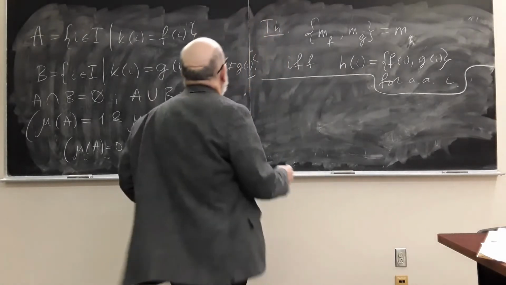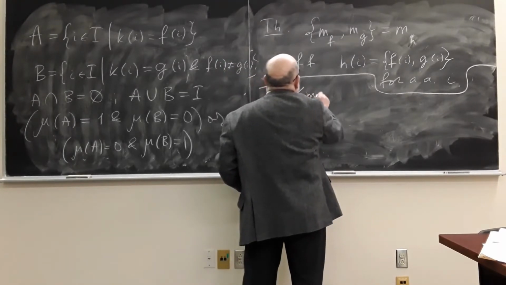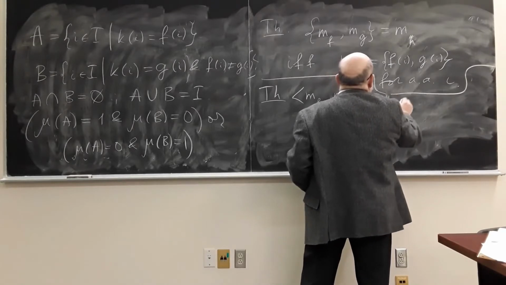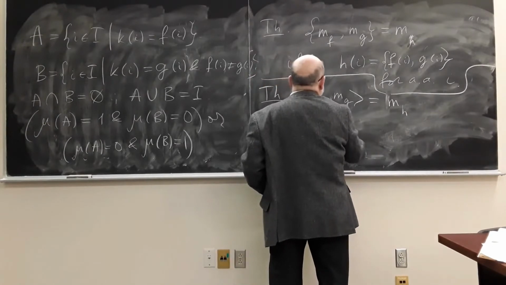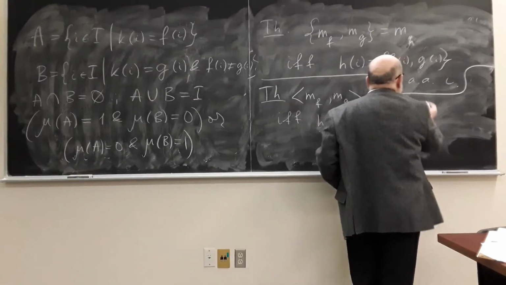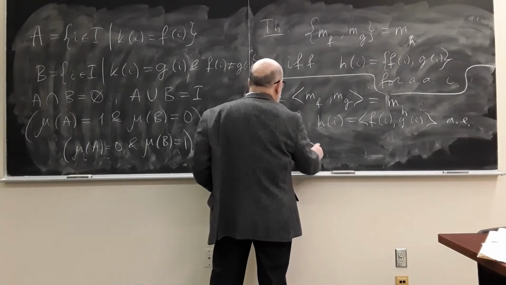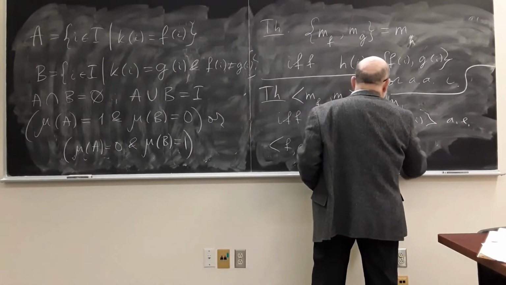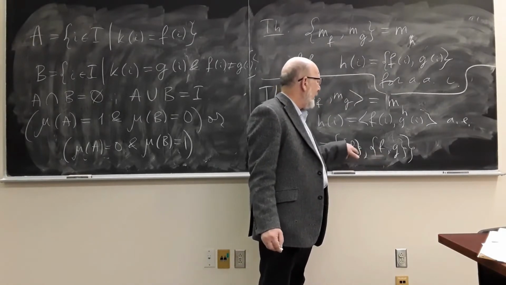Let me call the next theorem that the ordered pair mF, mG equals mH if and only if H of I equals the ordered pair F of I, G of I for almost every I. Let me recall that the ordered pair is the following: it is this non-ordered pair of these pairs.